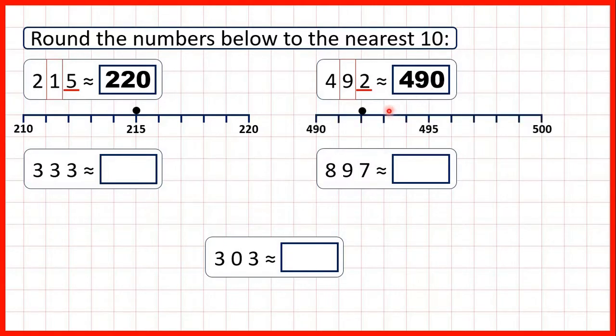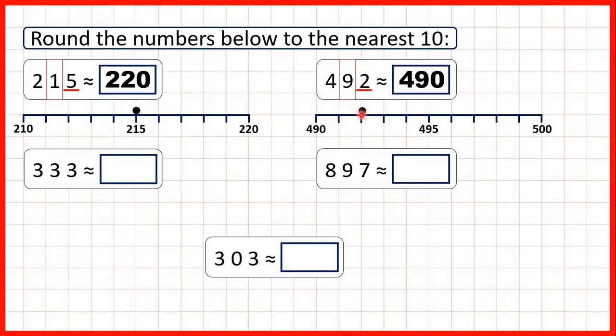And on a number line, you can see that if we were to count up in multiples of 10, 10, 20, 30, 40, and so on, we would eventually get to 490, and then the next multiple of 10 is 500, and 492 is between those numbers.